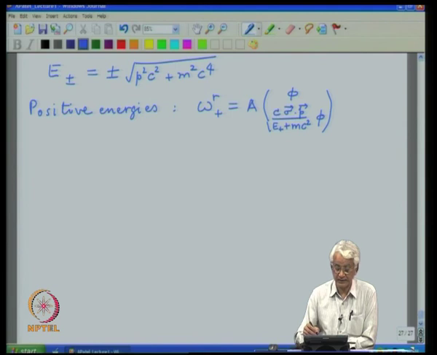Replacing chi in terms of phi is convenient in this case, because the denominator which appears here, E plus m c square, is at least twice m c square, and so this particular object is somehow smaller compared to the upper part of the spinors.